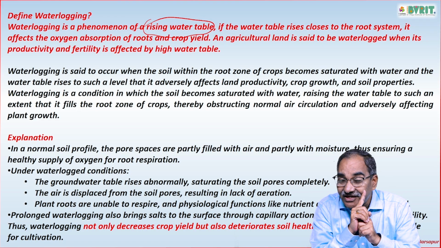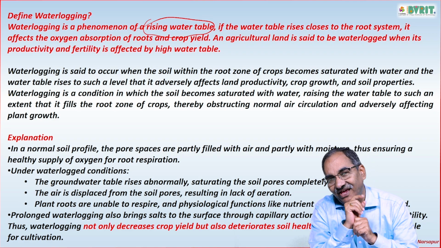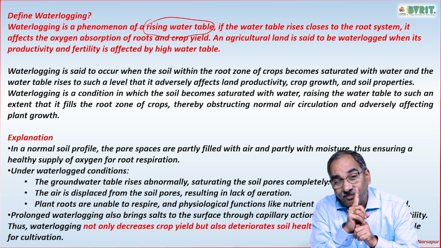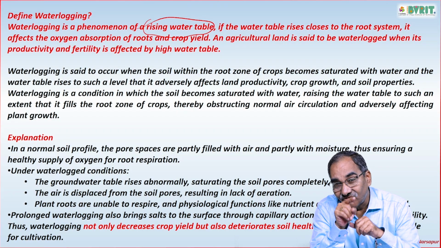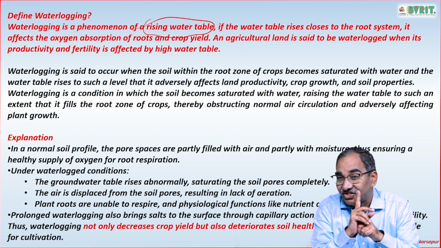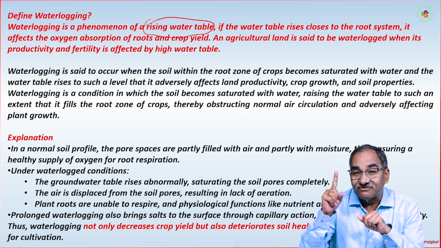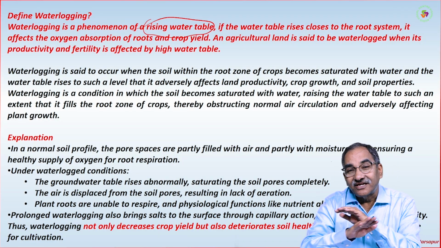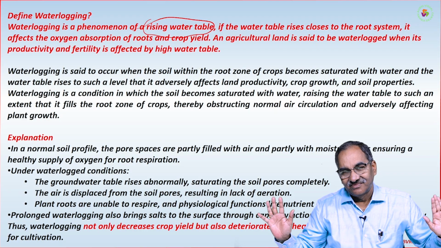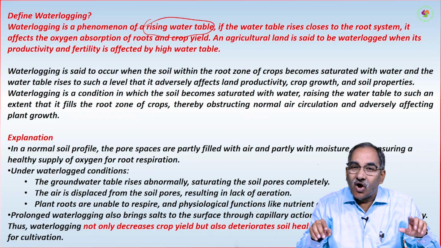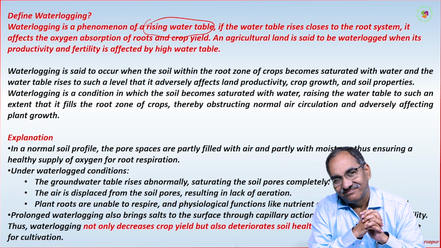There is no air circulation. For the plants to survive, for the crops to survive, air circulation in the root system is necessary. The moment a land becomes waterlogged, that aeration is completely cut off, because all the soil pores are filled with only water.